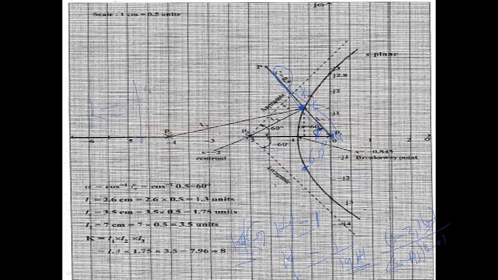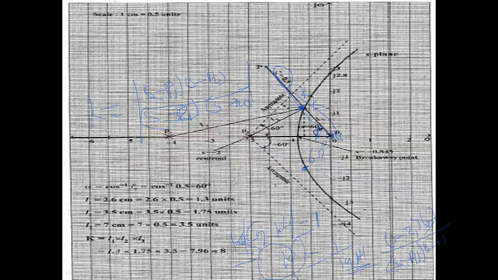So magnitude of s minus pole 1, s minus pole 2, and so on, divided by s minus zero 1, s minus z2. No need to note all this. Just try to understand how you will get the K value. K value can be identified using the magnitude criteria.